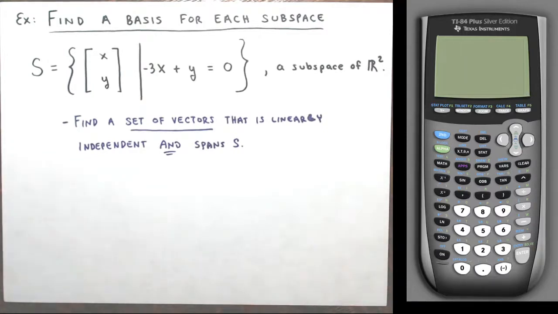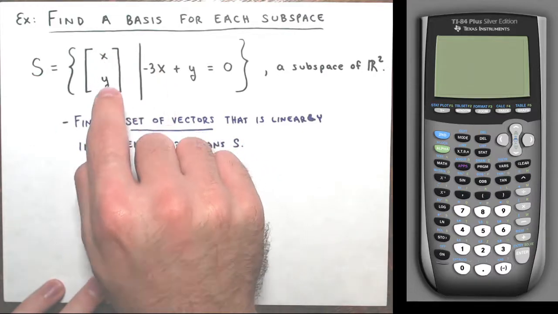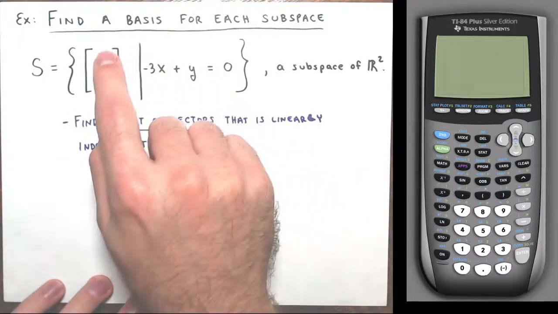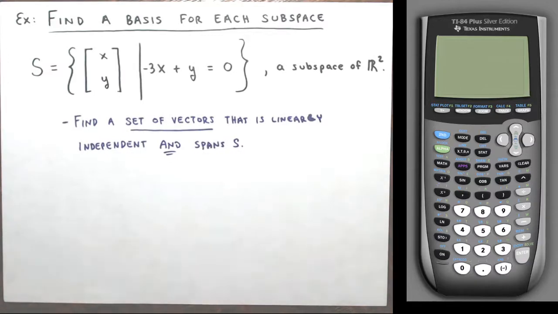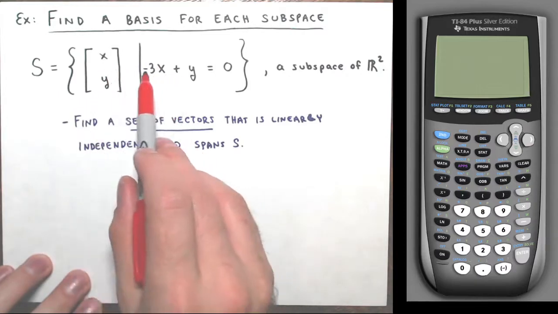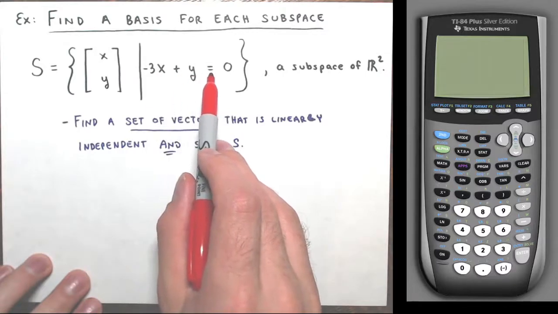The title of this video was find a basis for a subspace defined by an equation. So in each of these examples, we're going to have S equals some set of vectors such that their components satisfy some equation, after the bar. S in this case is made up of all the vectors from R2 such that -3 times the first component plus the second component is equal to 0.